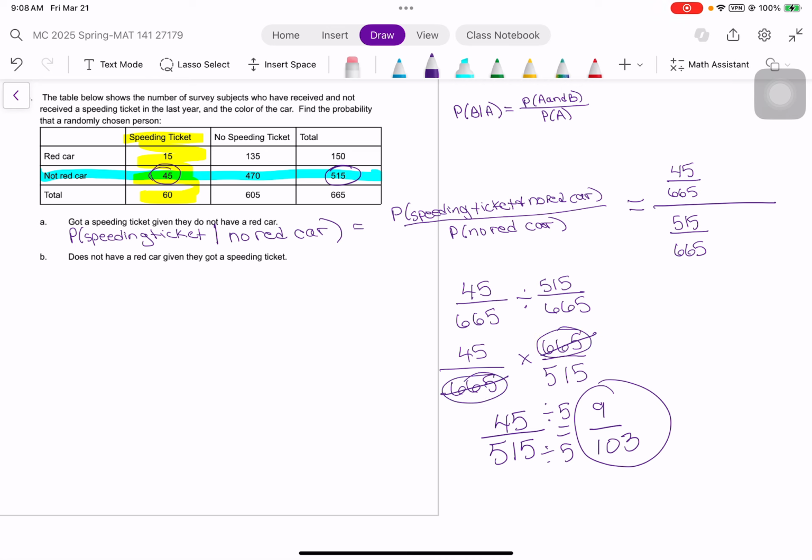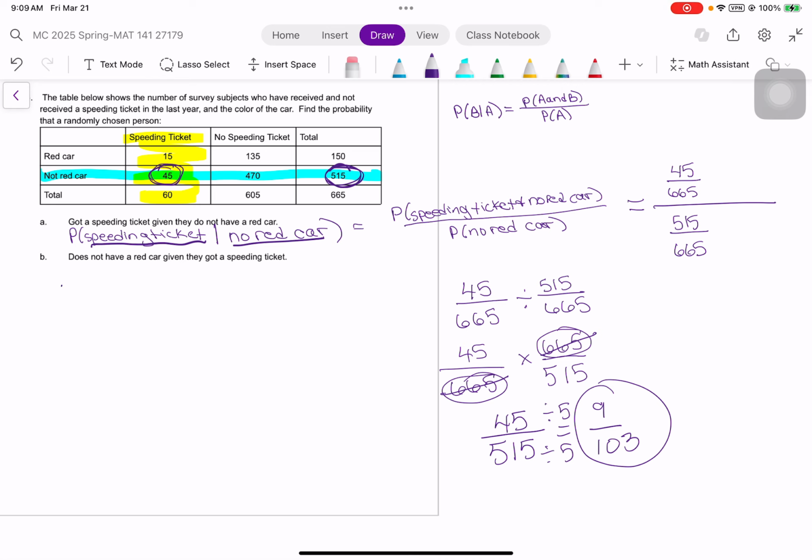So this is the long way. You can do it the short way. You could say, okay, I want no red car, and that's going to be my denominator. So that's the 515. Then my numerator is going to be the people in that same row that got a speeding ticket. So that would be that 45. So there is a shorter way to do it.